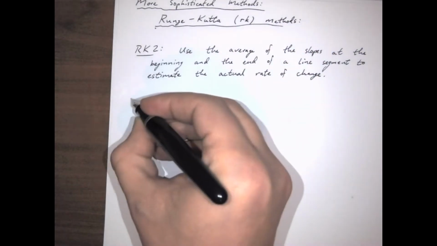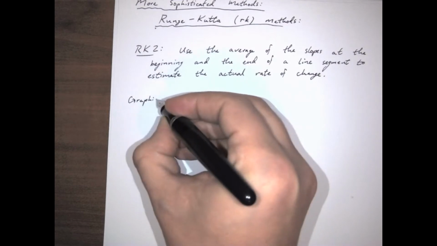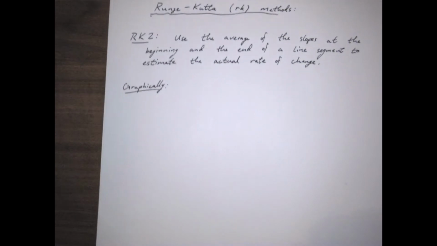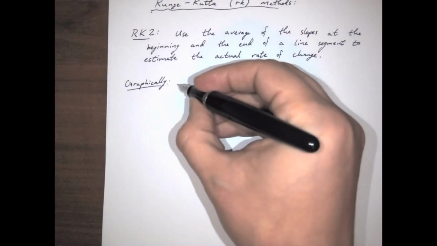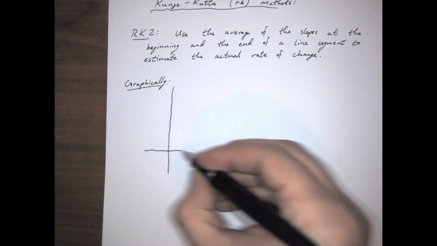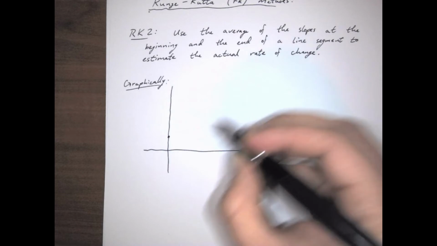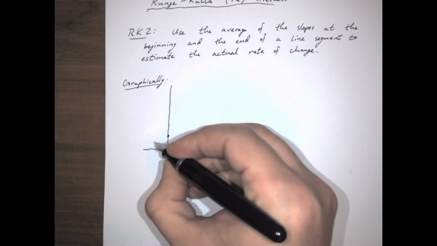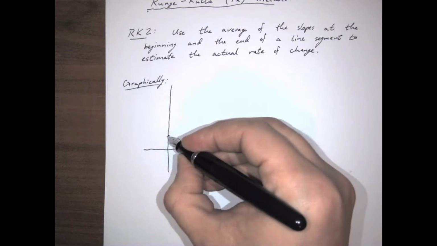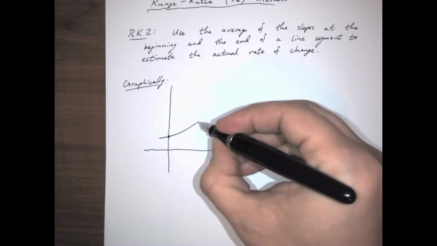So graphically, what this would look like is this. So let's say we had this as our initial condition. And let's say that we knew the actual solution curve looked like this. So again, we don't know what the actual solution curve looks like.